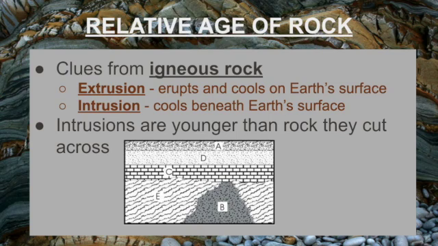Okay, so when we look at this picture here of rock layers, and we're trying to figure out the relative age of these rocks, you know the law of superposition is that you would start at the bottom, so E is the oldest. But the next oldest is going to be B, because B cuts through E, but it does not cut through layer C, layer D, or layer A. It only cuts through layer E, and it stops right there.